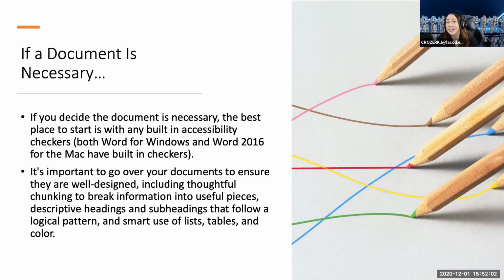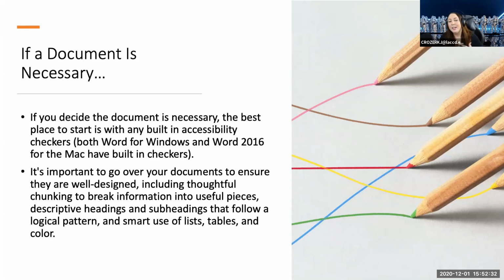And then I also recommend that beyond just using the accessibility checker, that you look over your document again. Because for me, I realized, like I said earlier, I'm really long-winded. I don't do a great job, or at least I didn't in the past, of chunking information for students. So it's a good idea to just look over it both with an eye for accessibility, but also for usability for all your students.